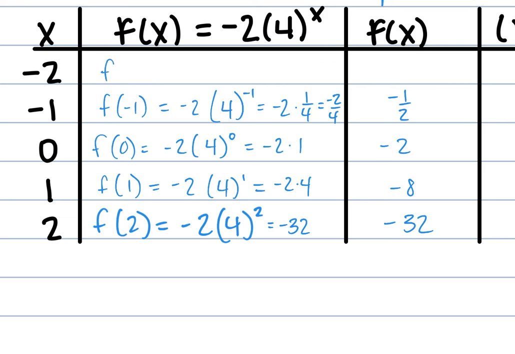And the last one, f of negative 2 is negative 2 times, whoops, that should be a 4, but raised to the negative 2 power. So 4 to the negative second power is negative 2 times 1 over 16. This is going to be negative 2 over 16, which simplifies to negative 1 over 8.